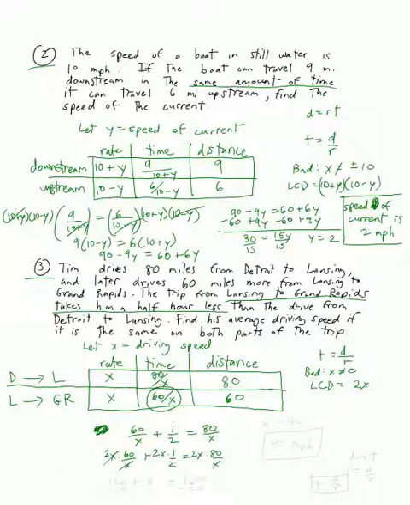For the first one, the x's cancel, and I'm left with 120. For the second one, the 2's cancel, I get x. The third one, the x's cancel, I get 160. Subtract 120 from both sides, I get x equals 40. Now remember, this is your driving speed, so the answer is 40 miles per hour.